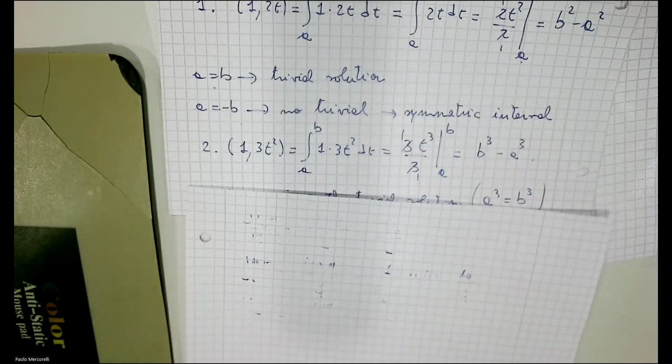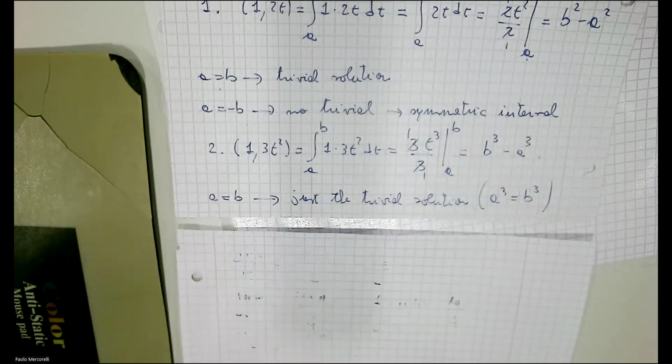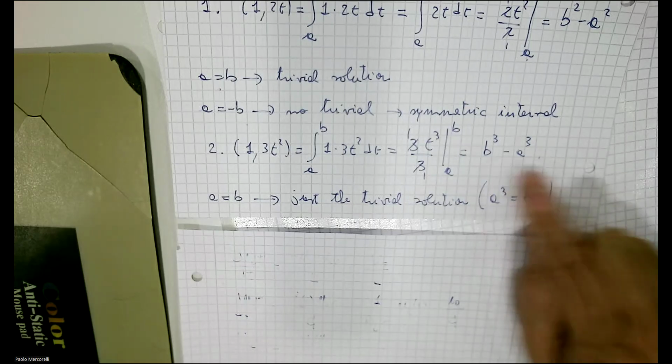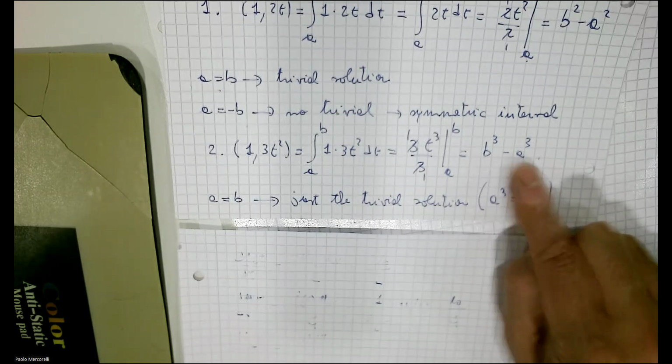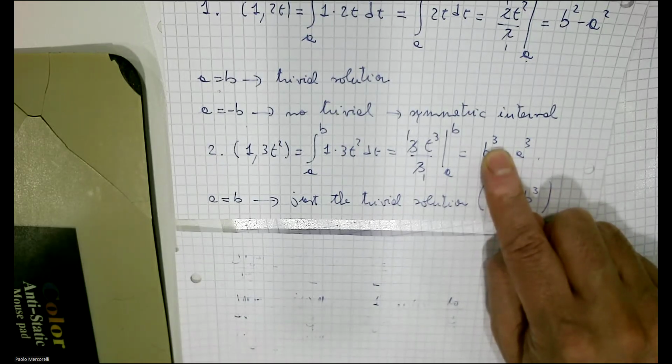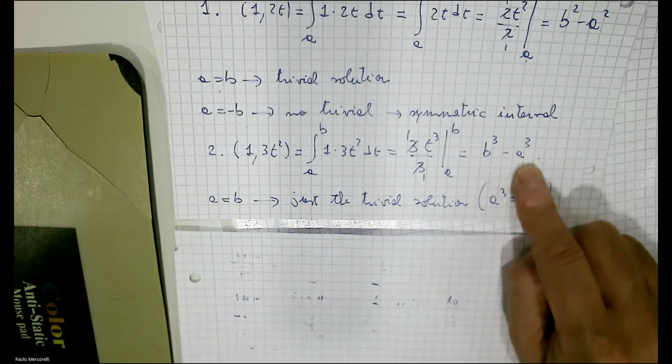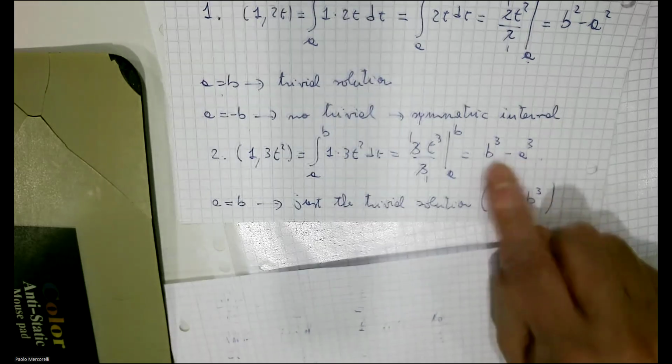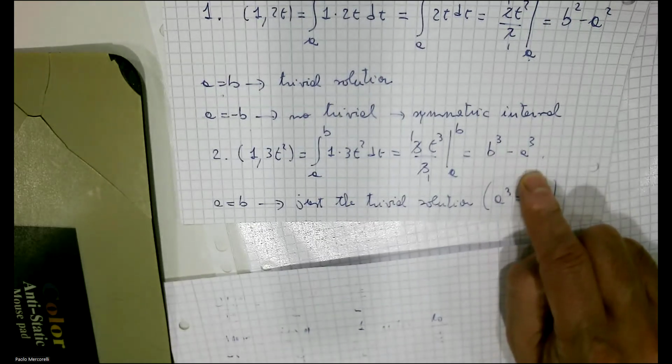Here we can see directly that we have just the trivial solution, because necessarily A must equal B, since we have an odd exponent. A equals minus B does not work, because A equals minus B means 2 times B up to 3.